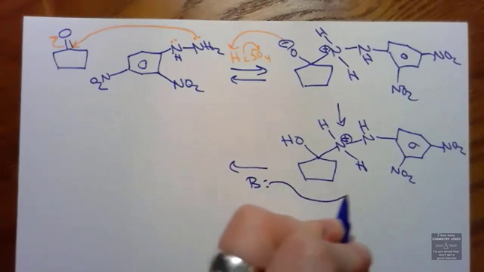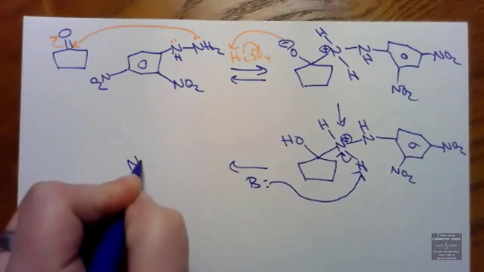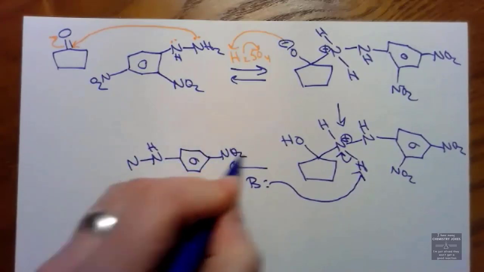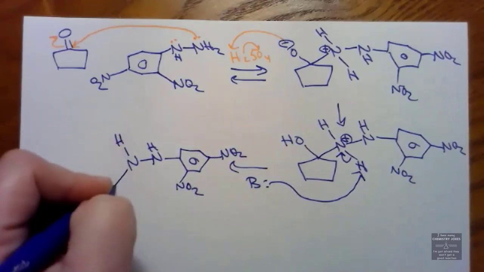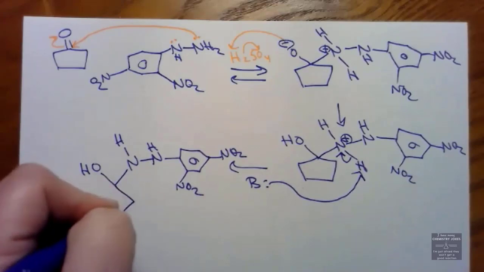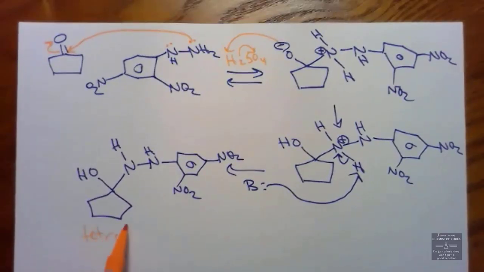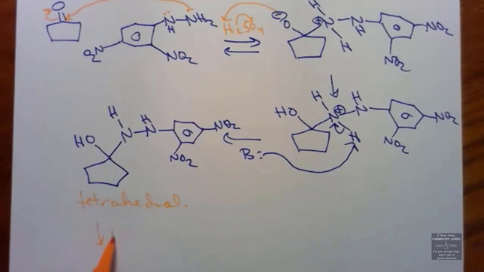But we need to clean up some base, take a hydrogen from that nitrogen, clean up that nitrogen to make that nitrogen neutral. And then I get somewhere significant. What is this significant place? This is my neutral tetrahedral intermediate.